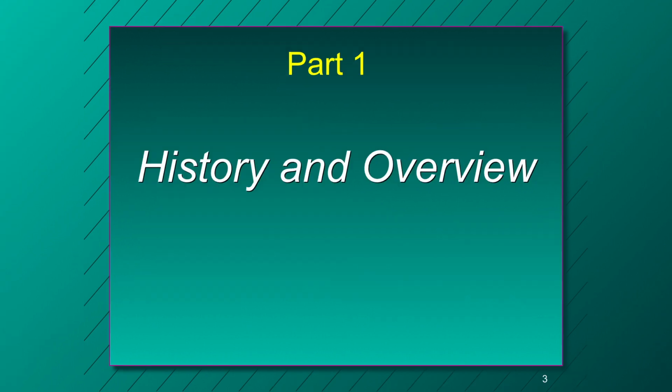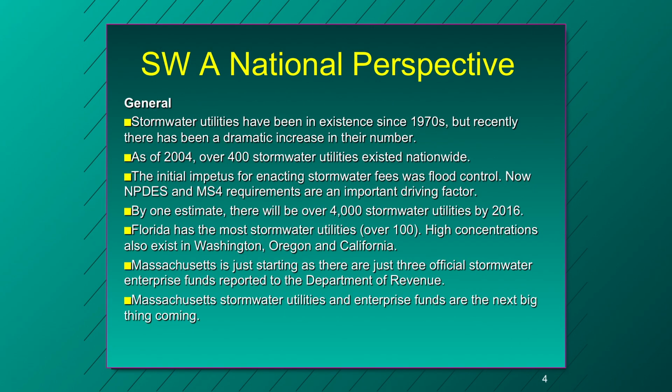So from a history and overview point of view, as I said, this is more national. Stormwater utilities have been around since 1970. We've seen nationally and in Massachusetts an increase in their number over the last few years. Going back to 2004, we had about 400 stormwater utilities.